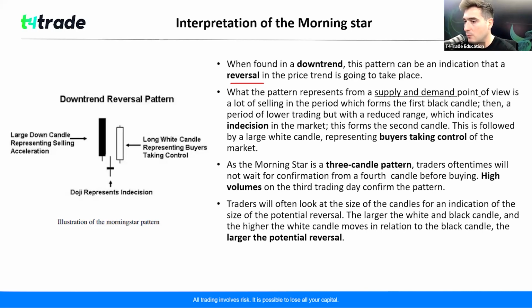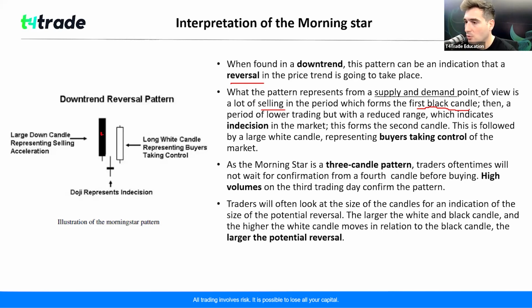We see a lot of selling in the period, which forms the first black candle. No doubt about this. Strong selling pressure. Remember what we said: the larger the real body, the more important it is. This is what we have here. So it signals a lot of selling action taking place.